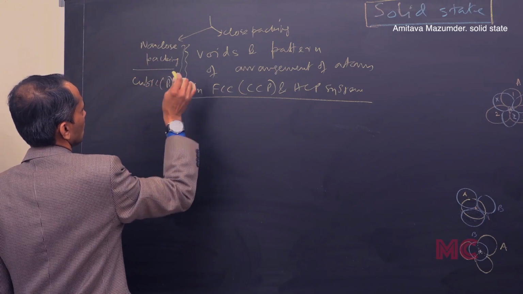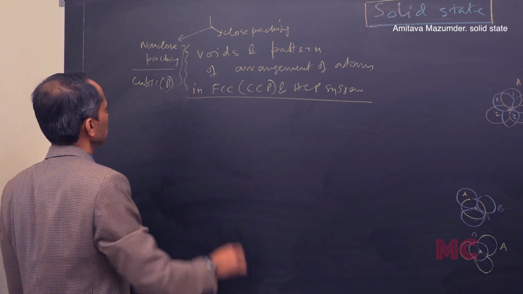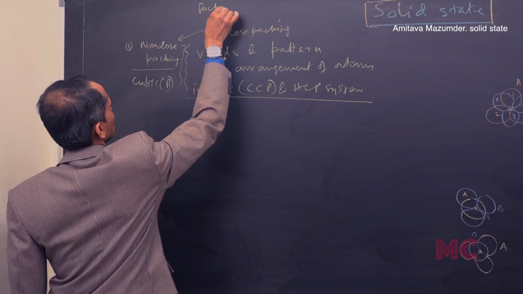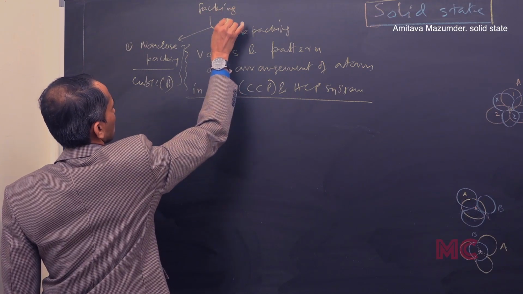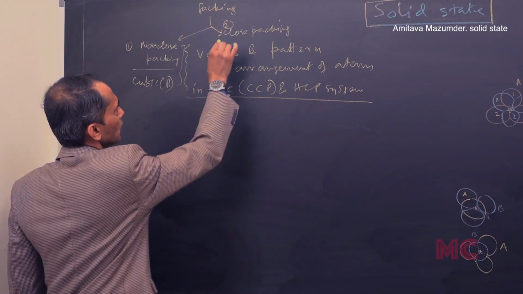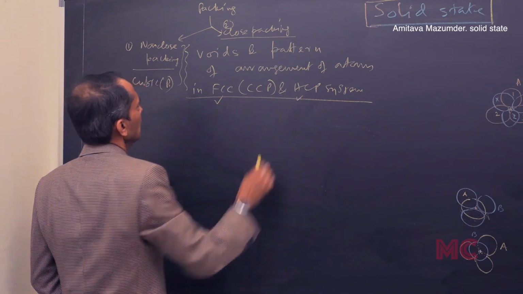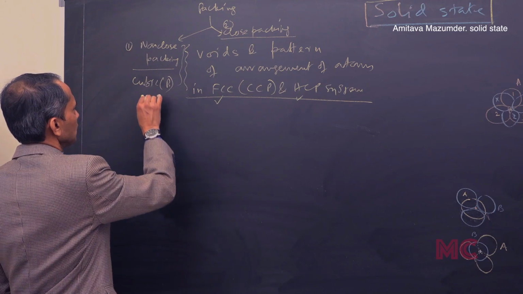So there are basically two systems. Packing can be of two types. One can be closed packing, another can be non-closed packing. In the closed packing we get basically FCC and HCP, and in the non-closed packing we get the cubic system.